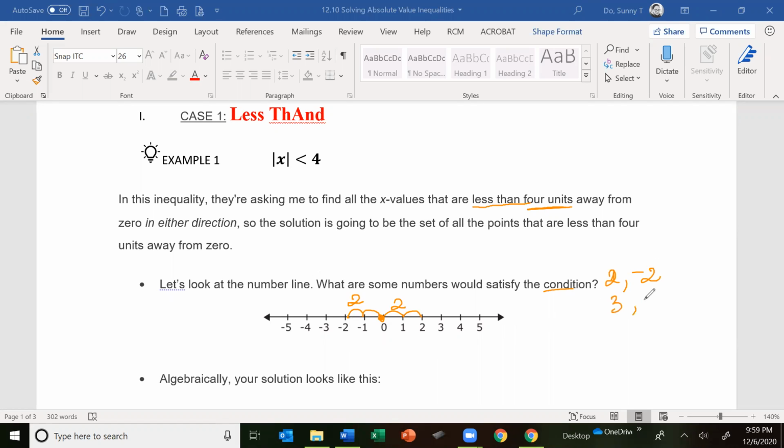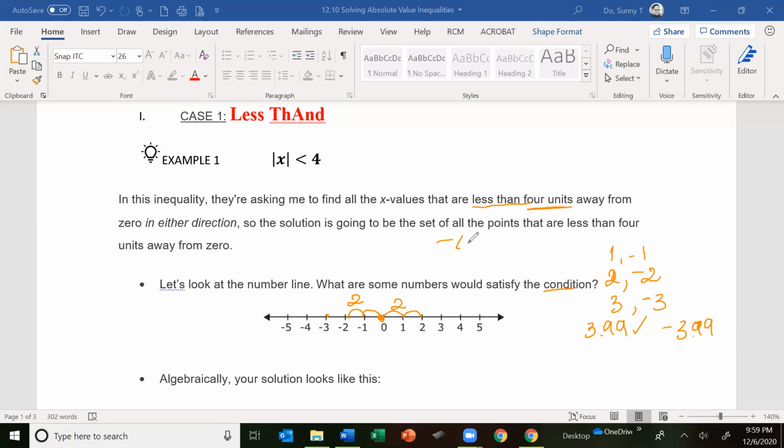So do 3 and -3. 1 and -1 also give a distance from 0 that is still less than 4. 3.99 also works, and -3.99 would definitely work. It's still less than 4 units away from 0.